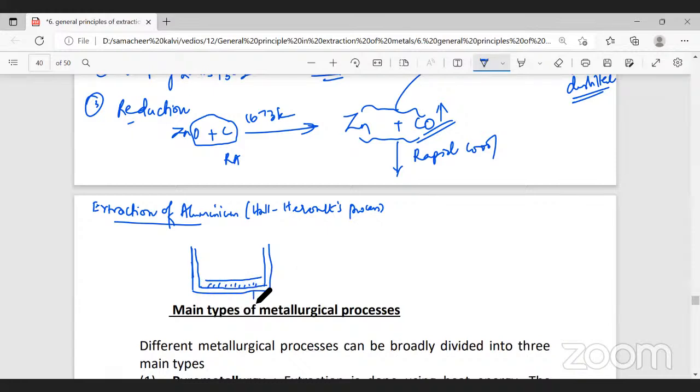This is the iron tank. This is the carbon lining.